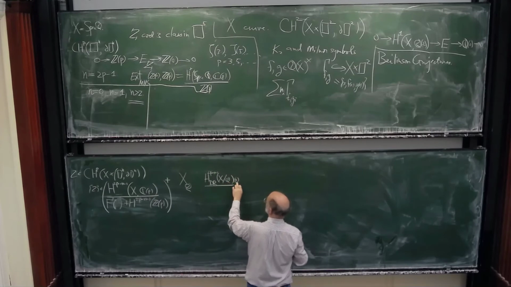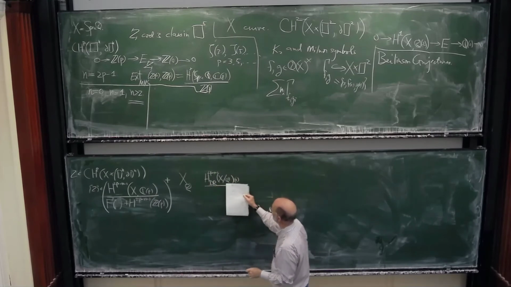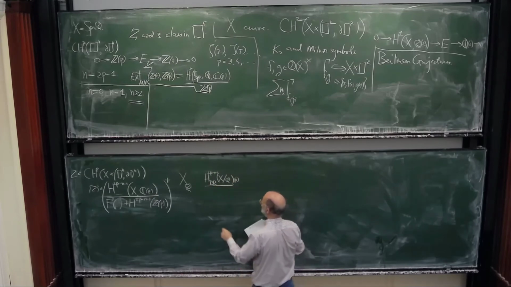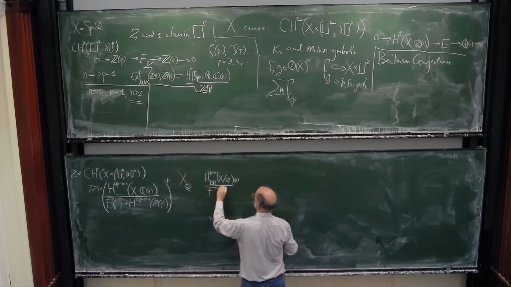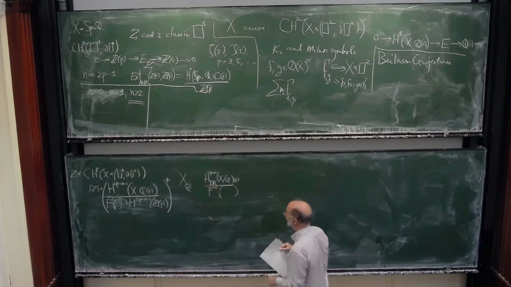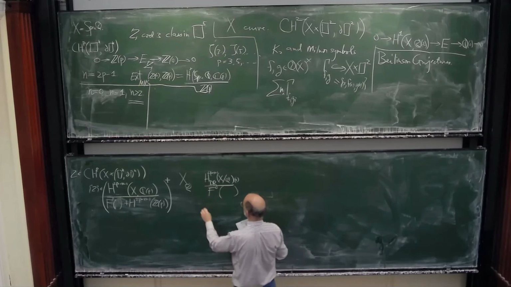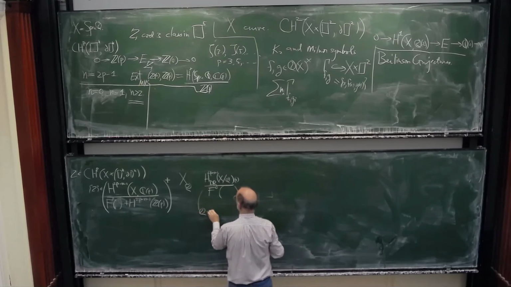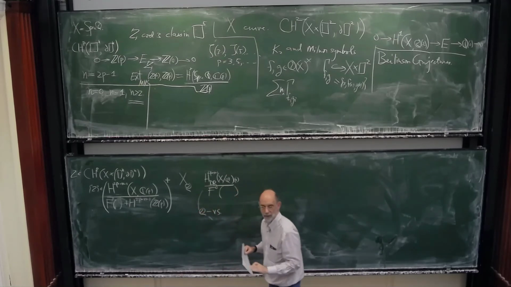So p twist in this context simply means I shift the Hodge filtration by p, and then I take F0 of this thing here. And this is a Q vector space, so it has a Q structure.